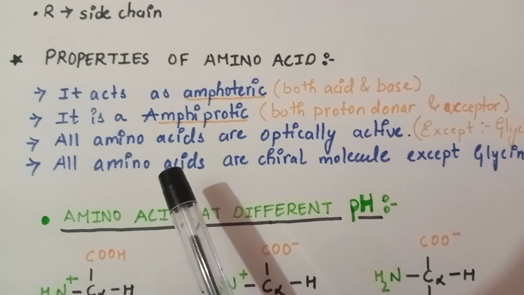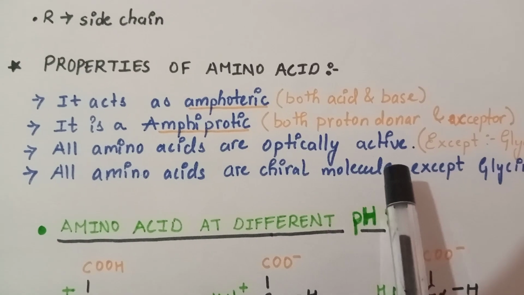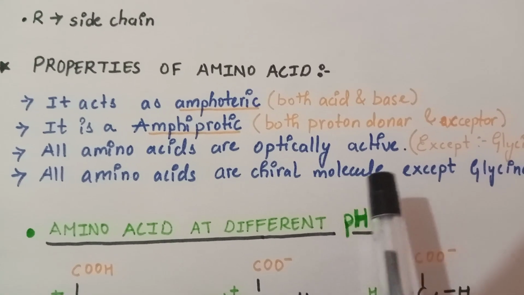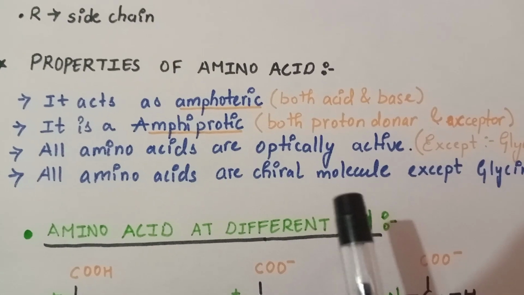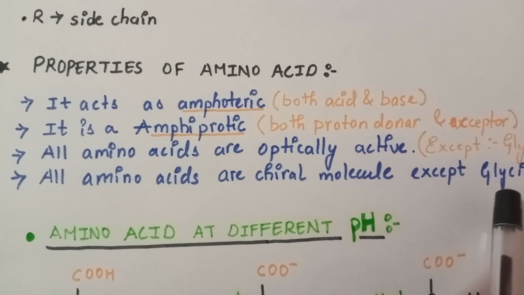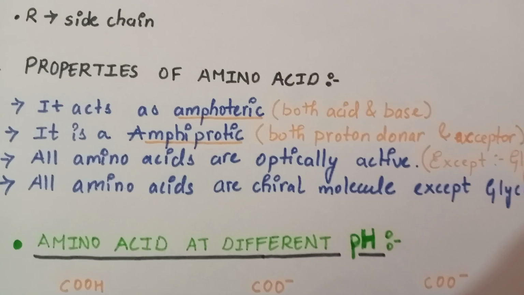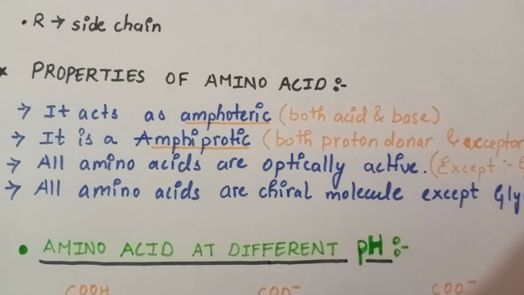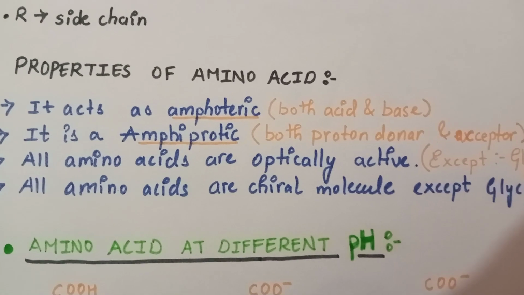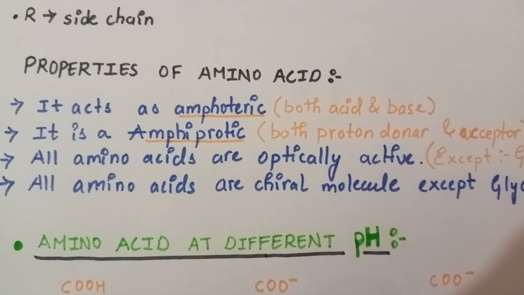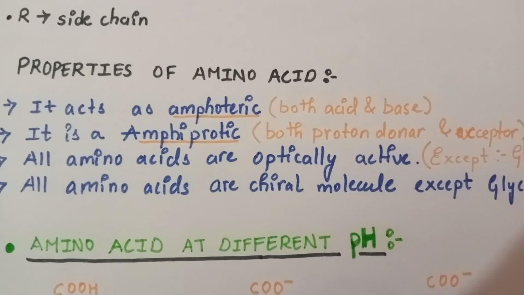The third property of amino acids is that they are generally optically active, meaning they can rotate polarized light, except the glycine molecule. Glycine molecules are optically inactive because they have a symmetrical structure, and generally they won't form different images.